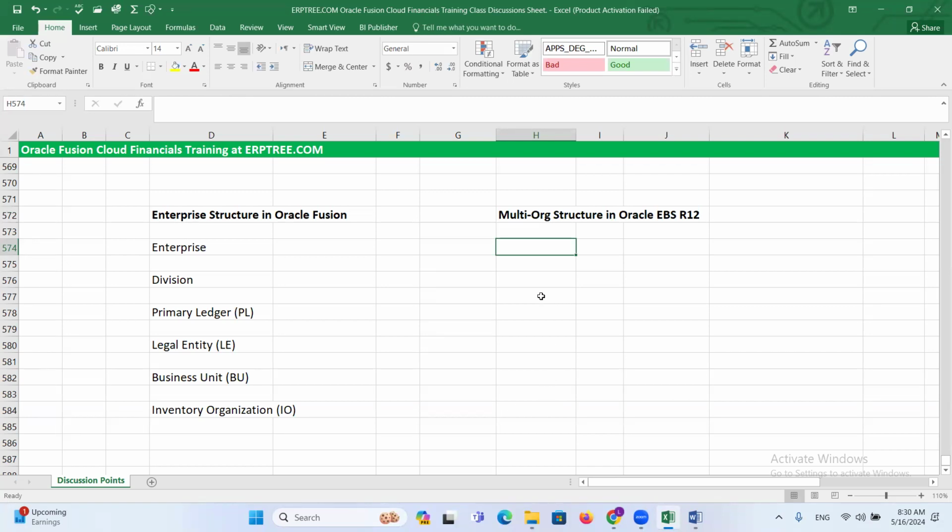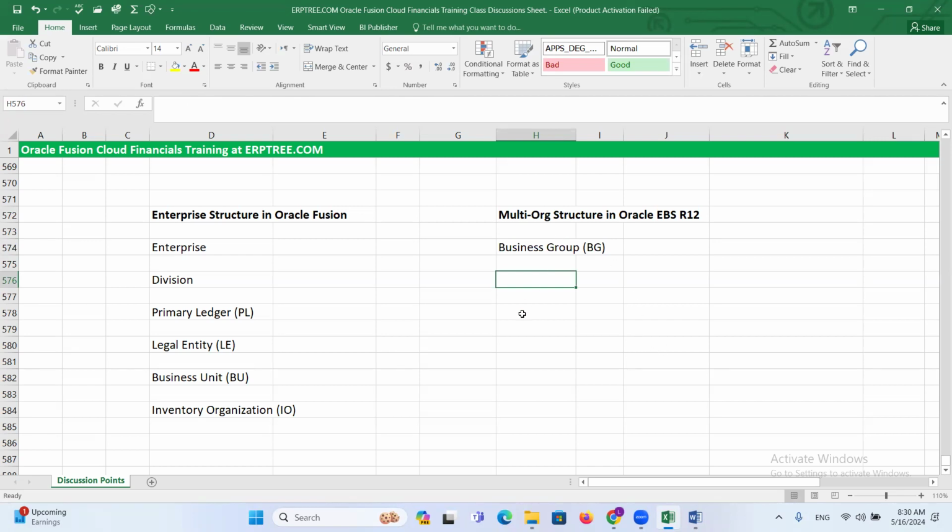When you look at the multi-org structure as per EBS, at the top level you see the business group, BG in short. Under the business group, there is no division as per EBS.